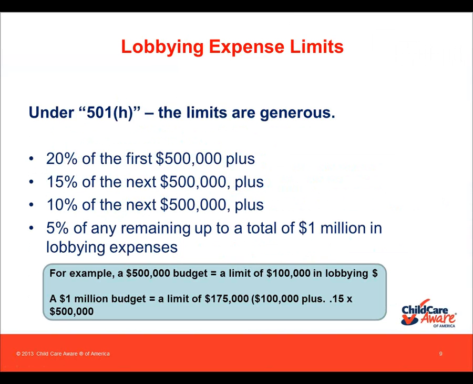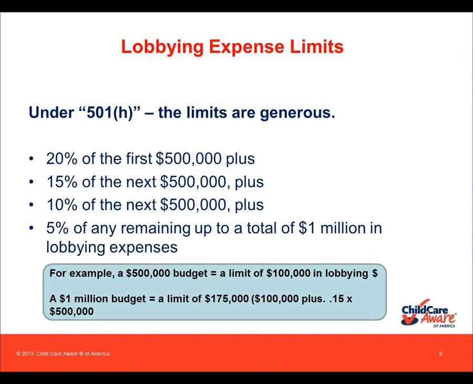And if you have another 500,000 on top of that, then it goes from 20% to another 15% of that next 500,000, and then the next 500,000 is 10%, and the next 500,000 is 5%. And that's up to $1 million. So as you can see, the percentage decreases the higher your budget is, but it's still quite a bit of money to use towards a total lobbying expense.